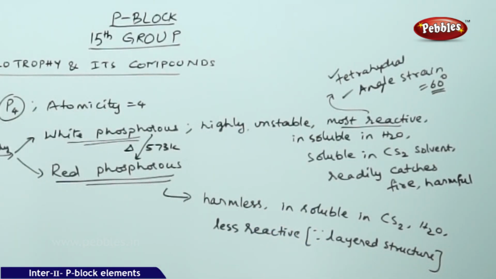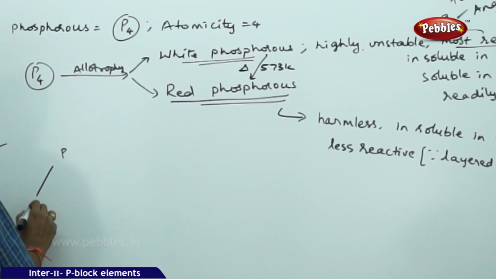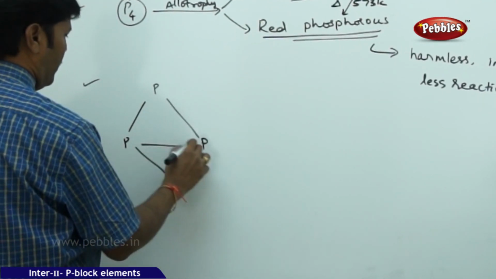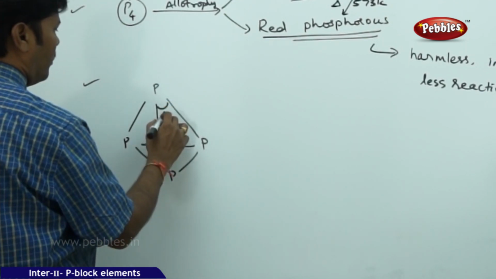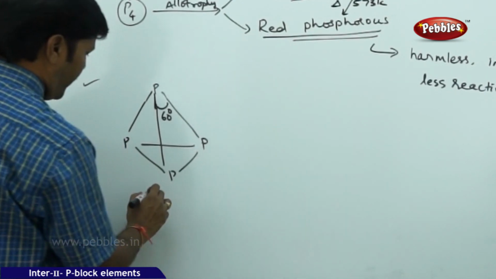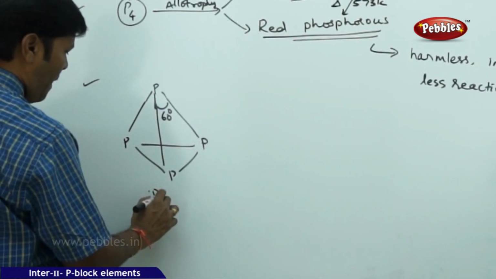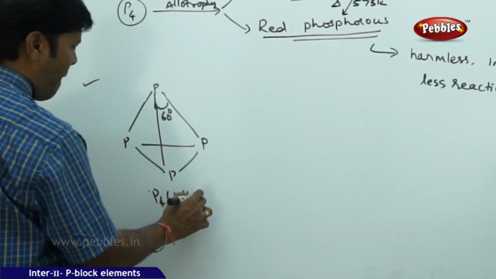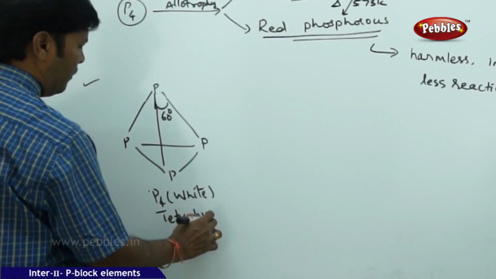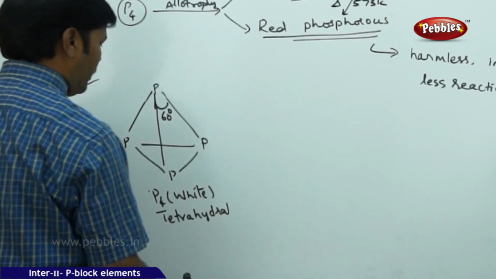If you take white phosphorus, it is tetrahedral in nature, like this, and the bond angle is around 60 degrees. This is white phosphorus, tetrahedral P4, tetrahedral in shape.